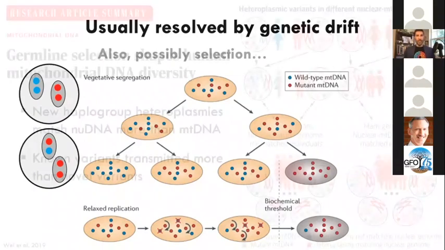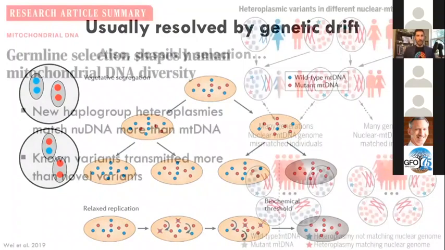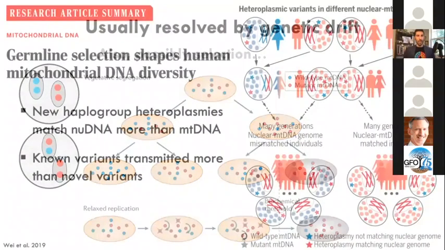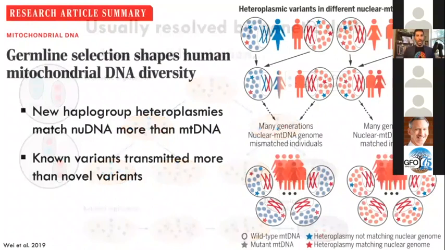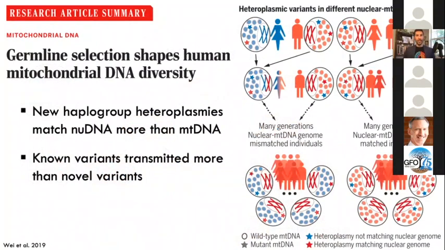So here's a really interesting result in the last couple of years. This is from Wei 2019. They showed that new haplogroup heteroplasmies match nuclear DNA more than mitochondrial DNA. So in other words, when there's a new heteroplasmy, and every new mutation has to start as a heteroplasmy at some level, it's more likely to resolve based on what the nuclear DNA looks like.